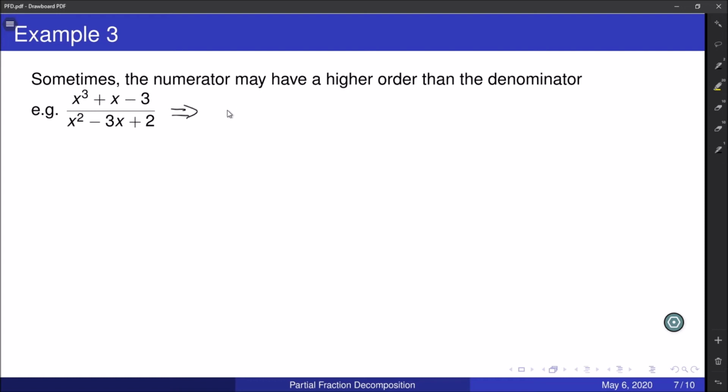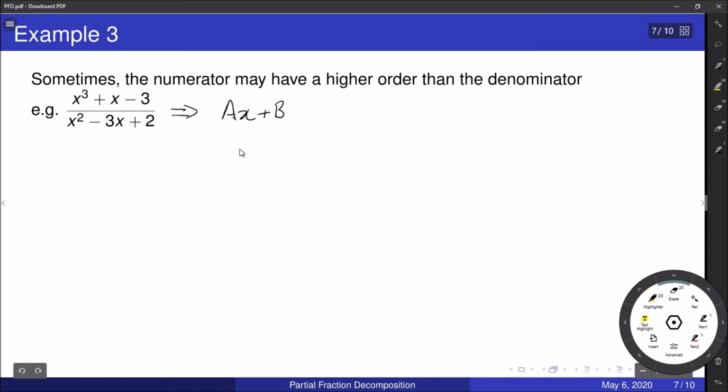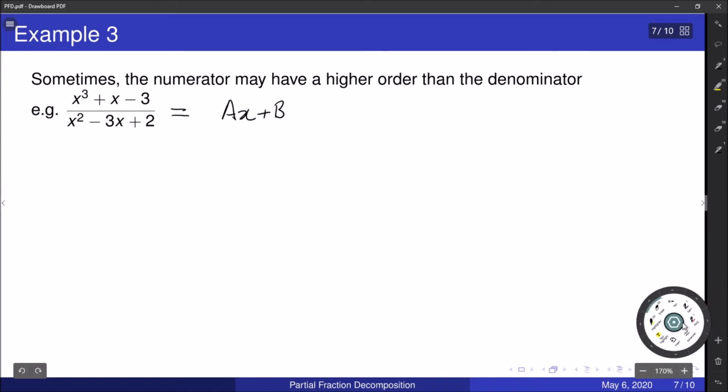So we end up with, we can do this, ax plus b. Let's assume that this is what we managed to factor out from the top, from the numerator. Because we have factored out a term, we know that what's remaining is of lesser degree than the denominator.